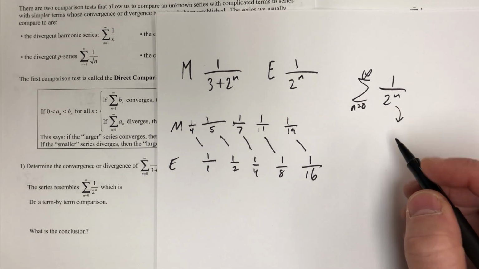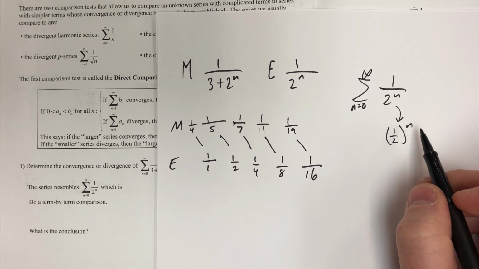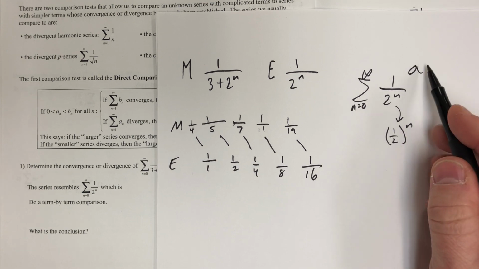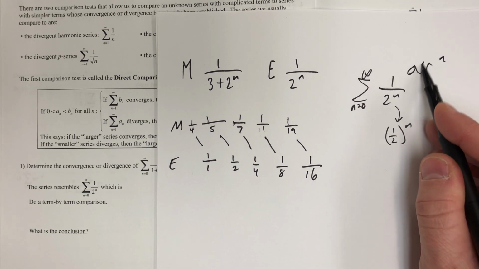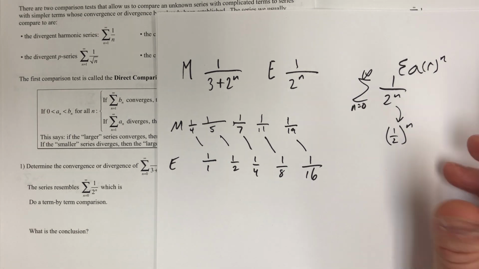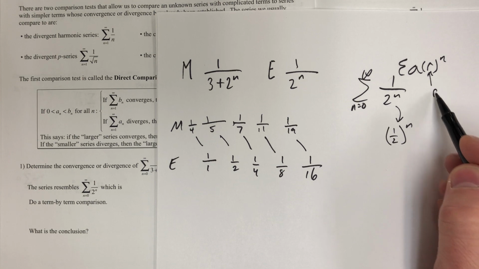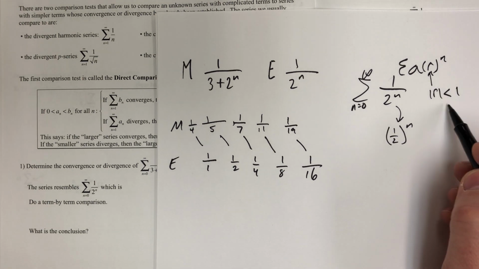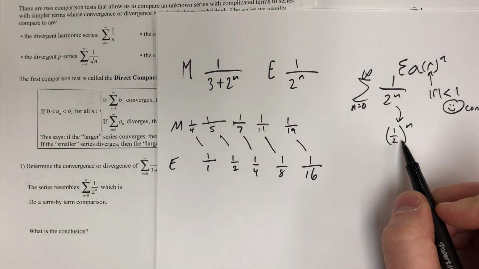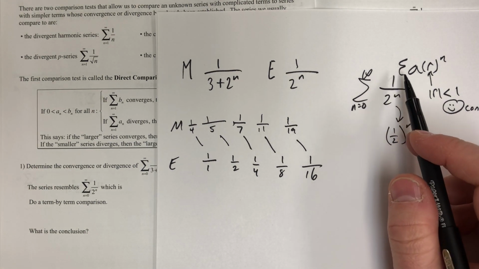And so because of that, I want to think about this as 1/2 to the n. And if we remember how geometric series works, I always read it as a r to the n, and that's kind of how I remember the writing of it. If the absolute value of r is less than 1, then we're good, it converges. So r is 1/2, it converges. This is a convergent series.